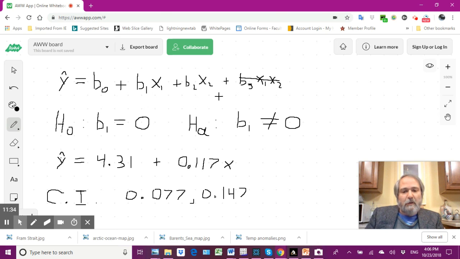So we develop the models, we come up with the parameters, we come up with the variables, we come up with the coefficients, and then we test them to see which is actually contributing to the response.